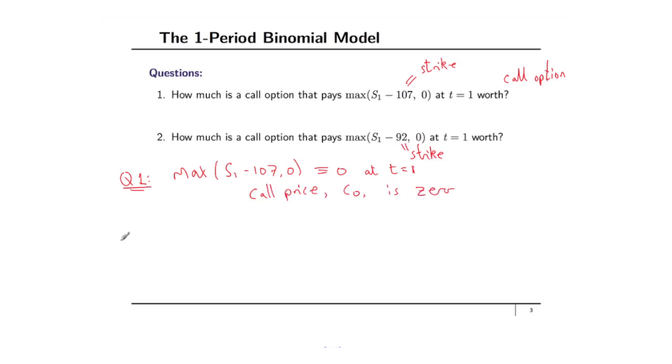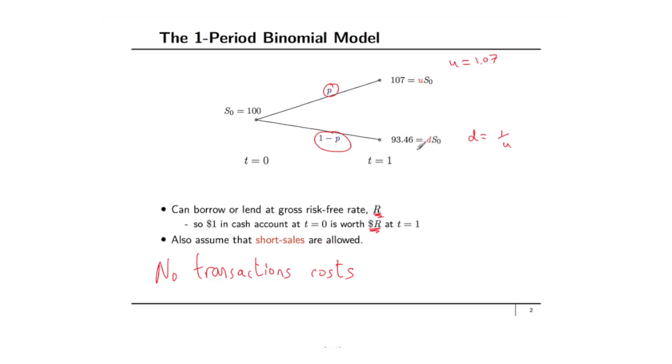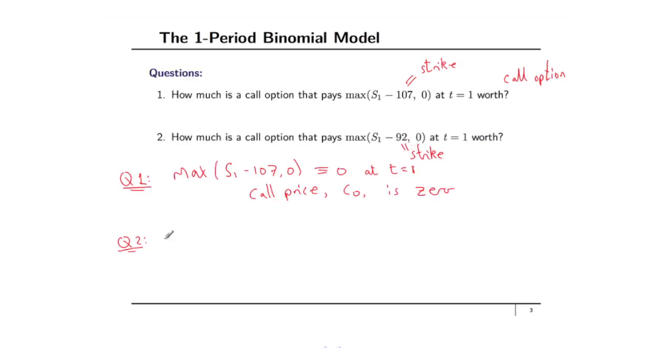Okay, for question 2, it's actually also quite straightforward. Again, the strike here is $92. If I go back to my binomial model here, I see that the smallest possible price at time t equals 1 is 93.46. So no matter what, I can write the maximum of S1 minus 92 and 0 as S1 minus 92, because the stock price at time 1 is always greater than or equal to 92, so the max will always occur at S1 minus 92.